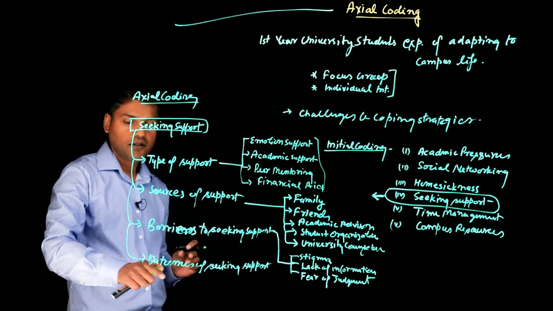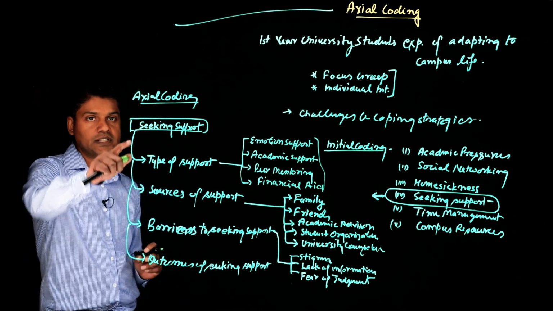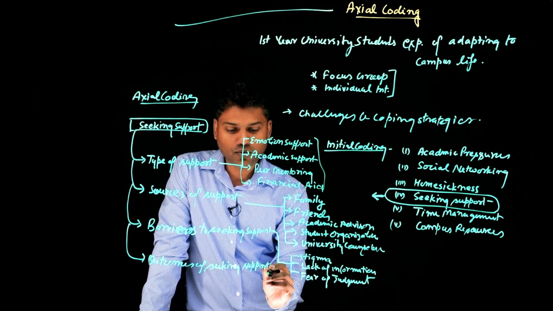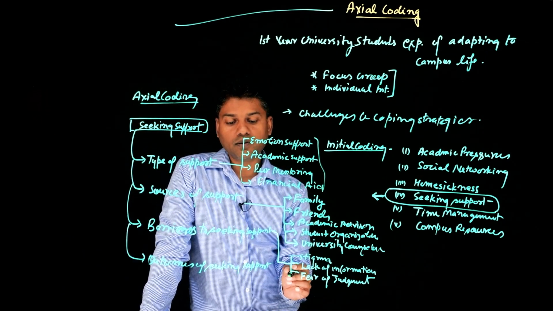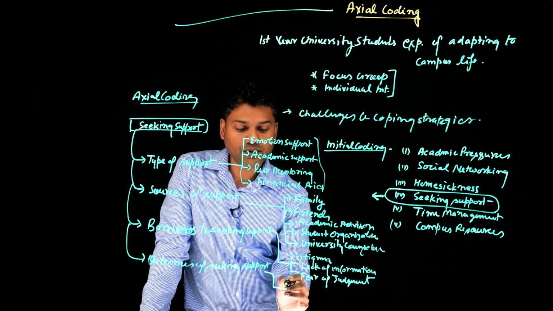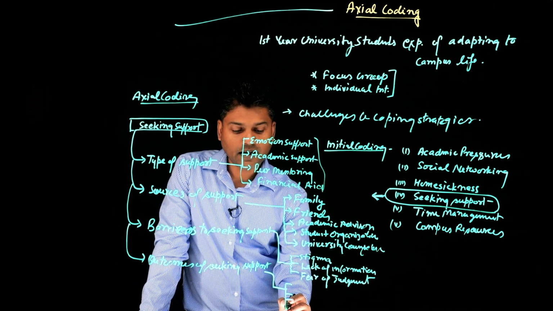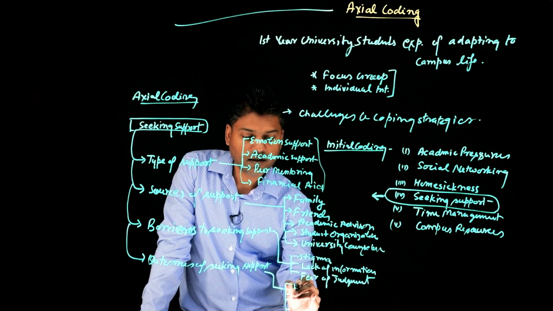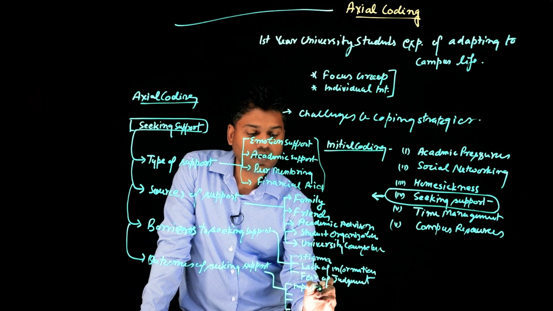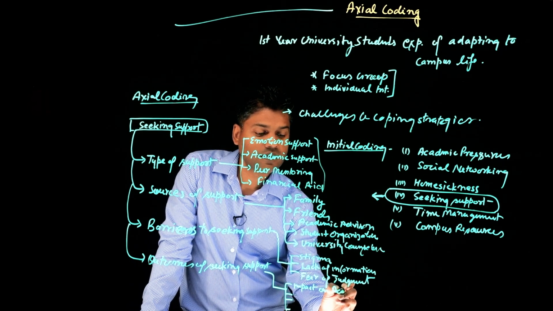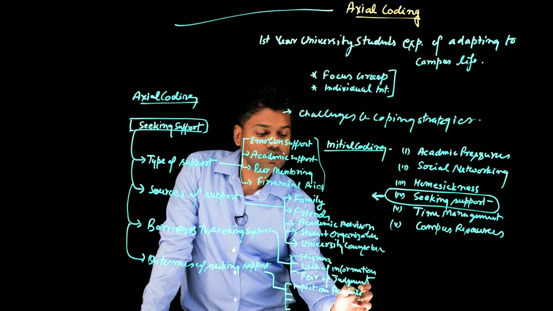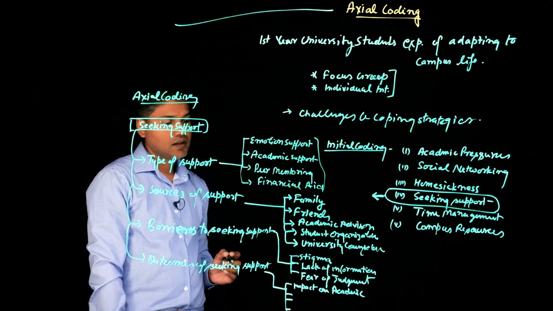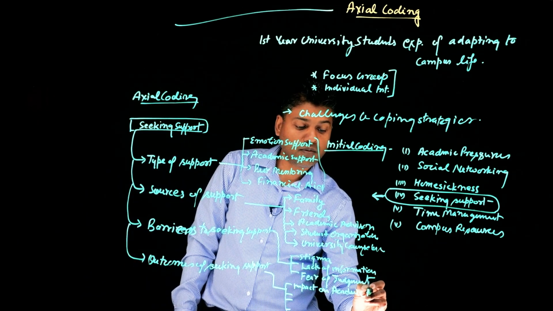And finally, the last subcategory under seeking support is outcomes of seeking support. So, what are the outcomes when a student seeks support on campus? I can subdivide it into modes. One outcome is impact on academics: how seeking support on campus helps them in their academic performance.